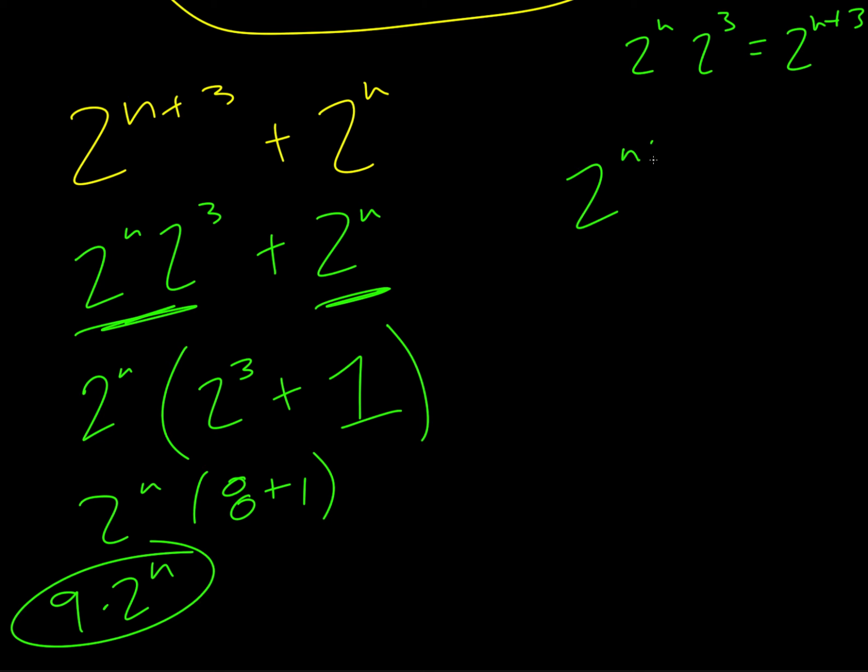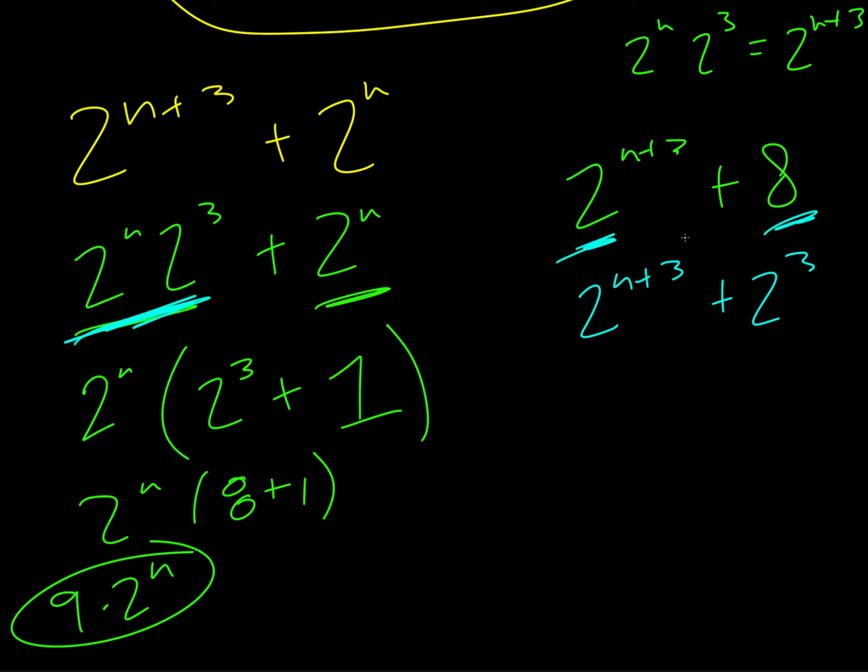Now if we have 2 to the n plus 3 plus 8, we can use similar thinking on this. But since this has a base of 2, I want to write 8 as a base of 2. Okay, so 8 is the same as 2 to the 3. Then I'm going to use my same trick.